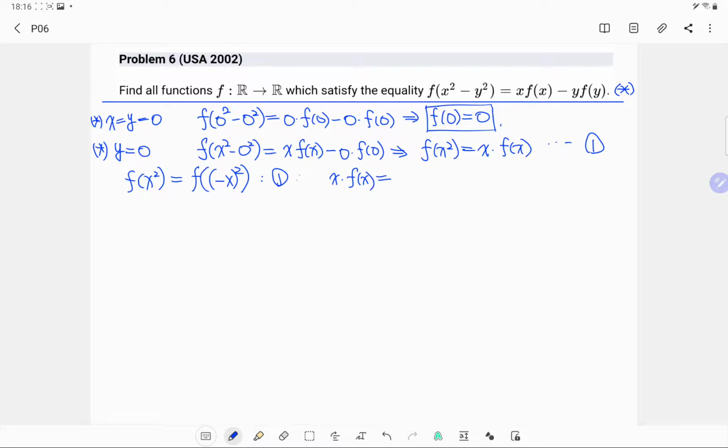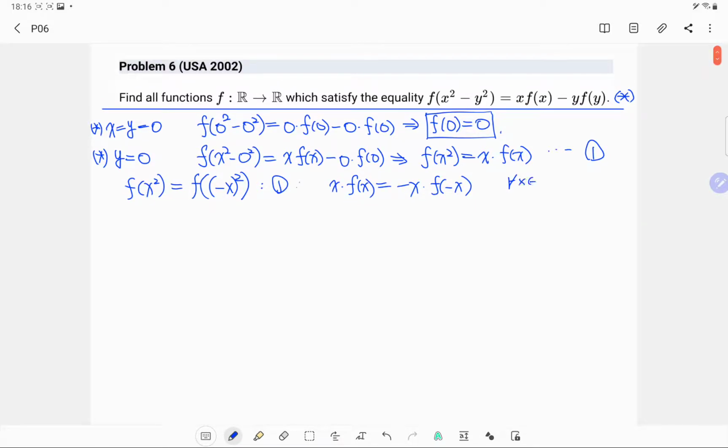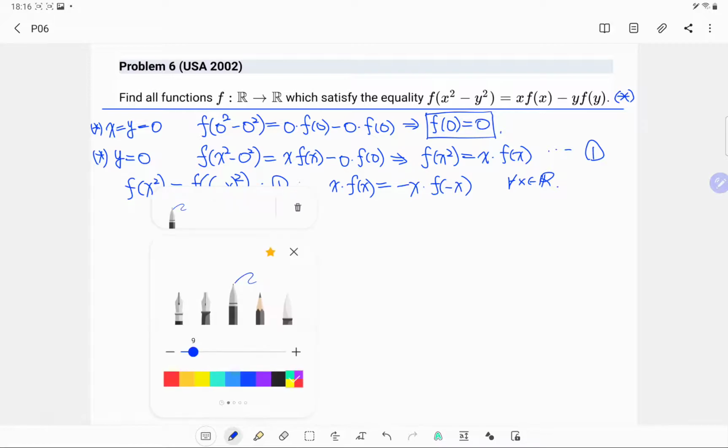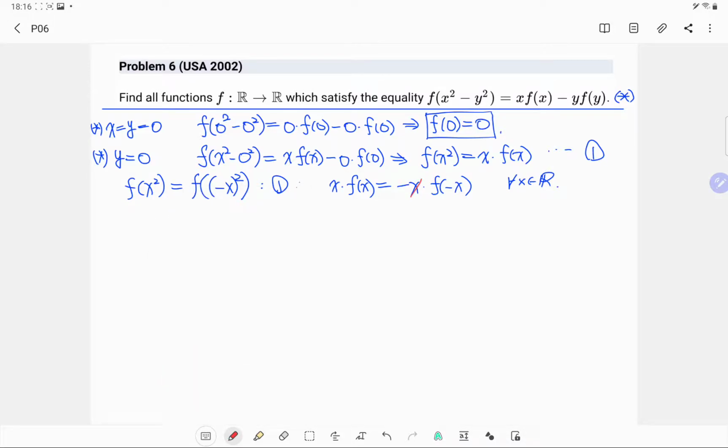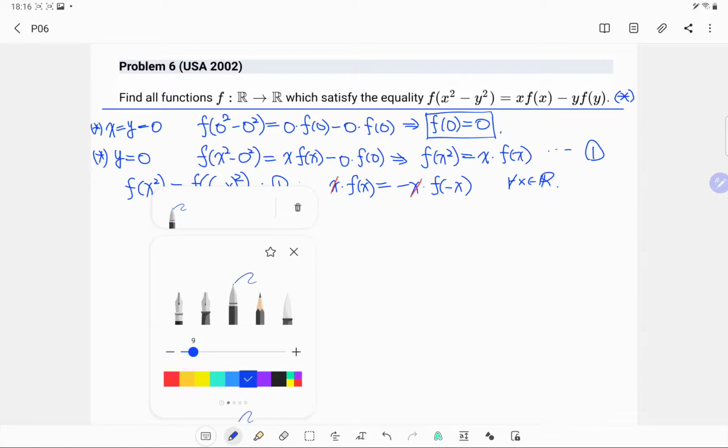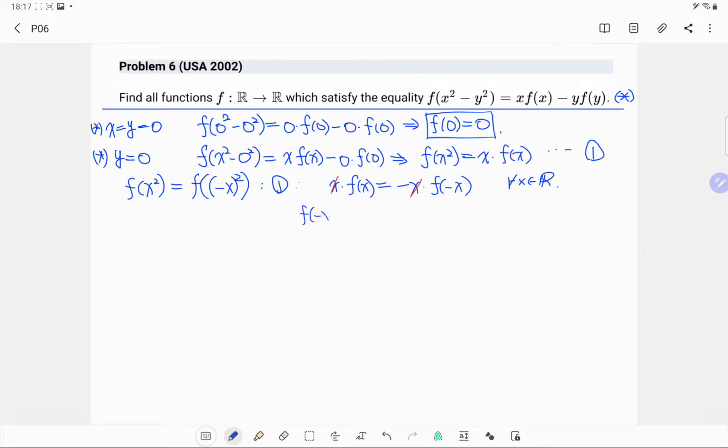And on the right side, we substitute x by minus x. So it becomes minus x times f of minus x, for all x real number. Which means that other than x is 0, we can just eliminate x on both sides, so that we know that f of minus x equals minus f of x, which means that f is an odd function.